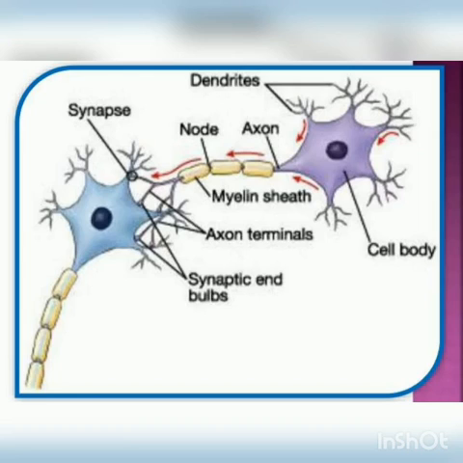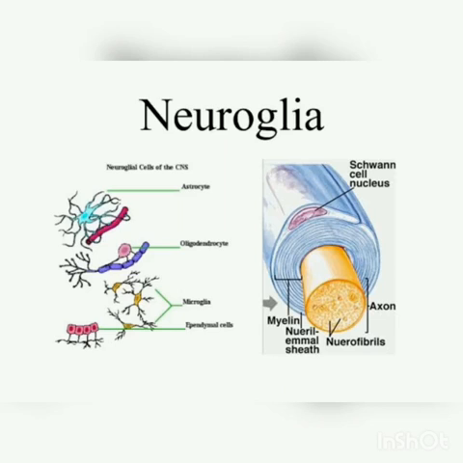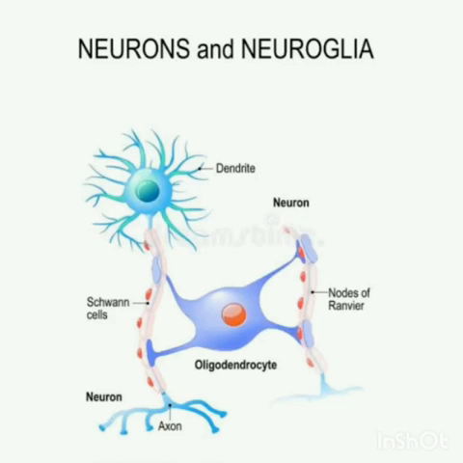The neuroglial cells which constitute the rest of the neural system protect and support the neurons. Neuroglia makes up more than half of the volume of the neural tissue in our body. Neuroglia is a part of the nervous tissue.